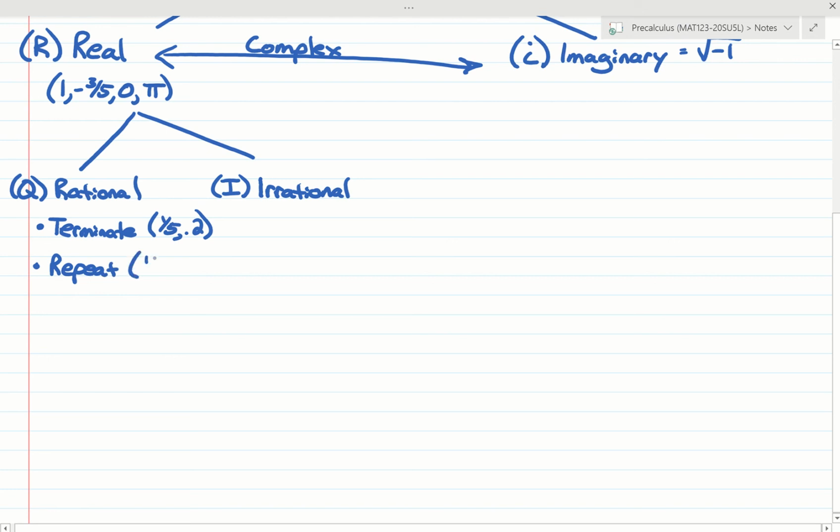So that would be like 1/3 or 0.3 repeating. So if you type something into your calculator and you get a number that stops, that's called terminate. It's a rational number. And if it looks like a pattern that's continuing forever, that's also a rational number. It repeats. So an irrational number doesn't terminate.